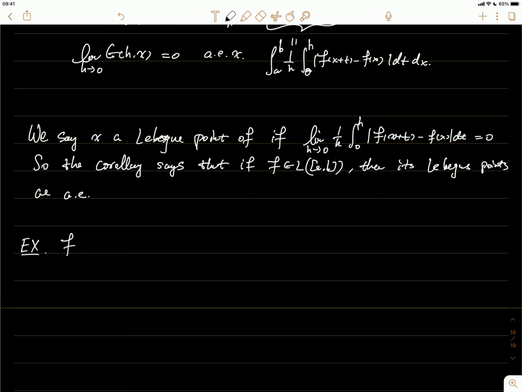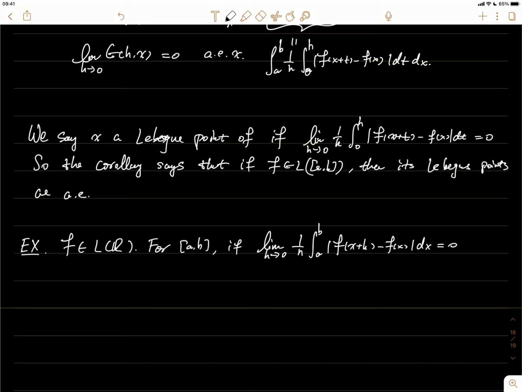Suppose we have a function that is integrable over R, and for the interval [a, b], if the limit as h goes to 0 of this quantity is 0, then there exists a constant such that the function is just equal to this constant almost everywhere.